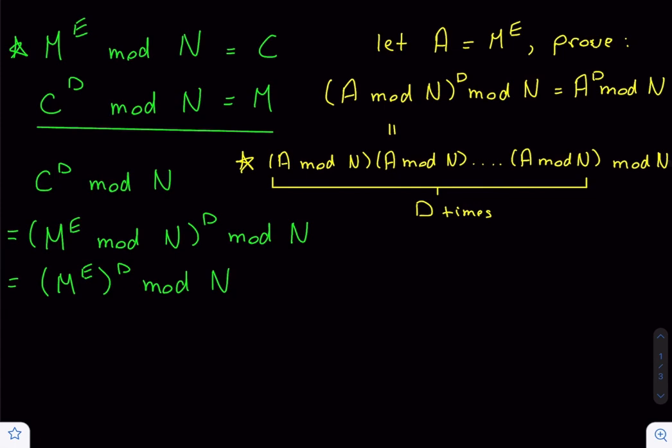Since we're multiplying a mod n by itself d times, we have that a mod n times a mod n, d times mod n, is equal to a multiplied by itself d times mod n.